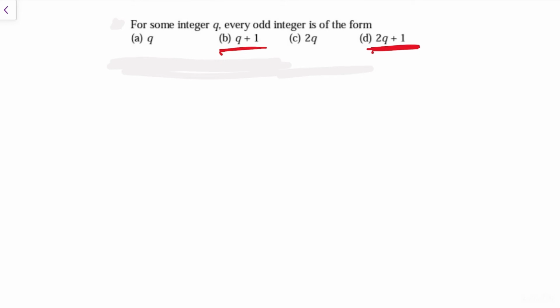Whenever you get this kind of question, we need to check very clearly what they gave for q: whether an odd number is given, or an even number, or a natural number, or a whole number, or an integer.